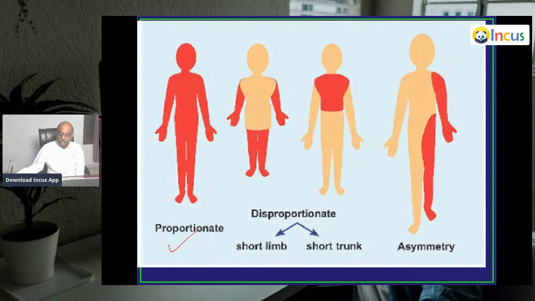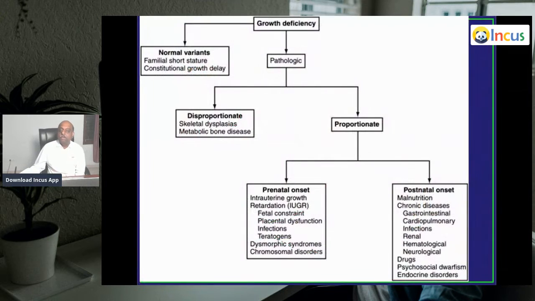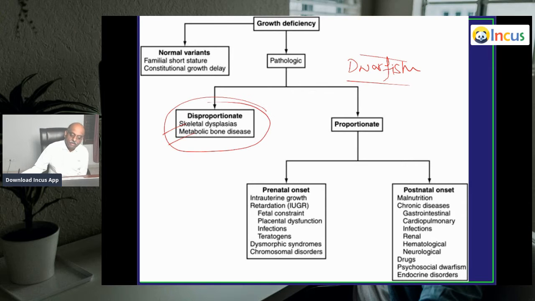In disproportionate, there is short limb and short trunk. So you should remember what are the causes of each of this type of growth retardation and dwarfism. Favorite MCQ of the examiner. So any skeletal dysplasias, metabolic bone disease, disproportionate. Then it can be proportionate. In proportionate, there are two things which you need to remember.